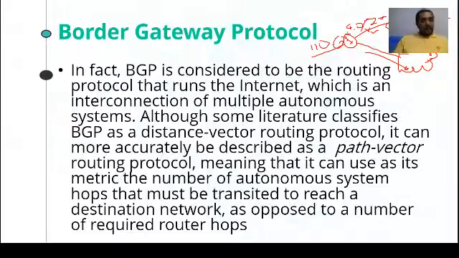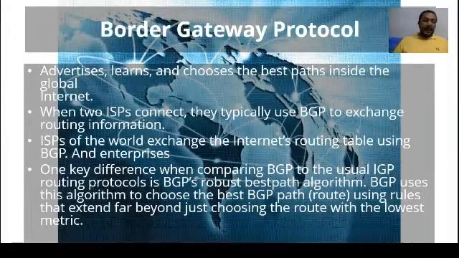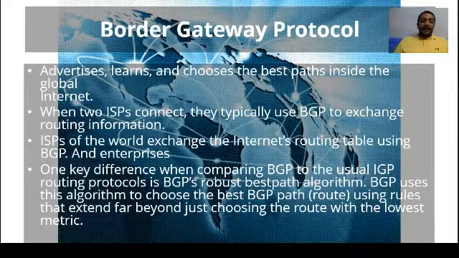So dito naman po natin ang ating BGP advertises, learns, and chooses the best path inside the global internet. When two ISPs connect, typically they use BGP to exchange routing information. ISPs of the world exchange the internet's routing table using BGP, as well as yung mga enterprises or institutions.